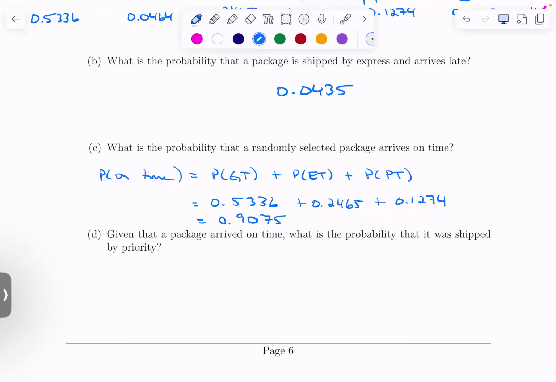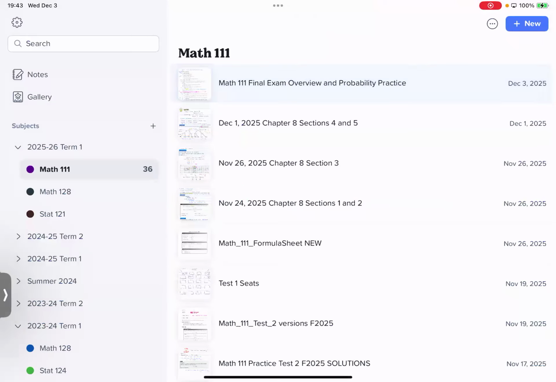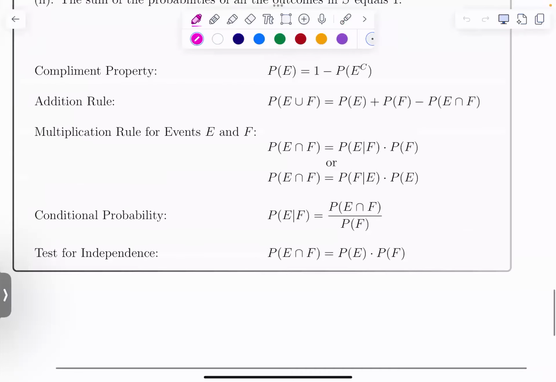And then finally, given that a package arrived on time, what's the probability that it was shipped by priority? This one I would say is probably easiest to solve with the formula. Right? And so because you have this given here, I'll take you to the formula sheet.